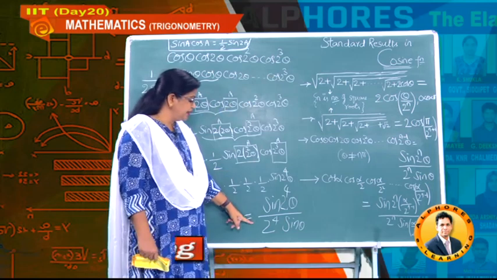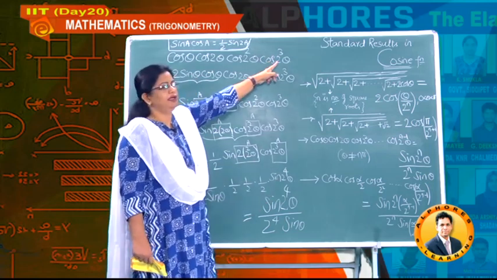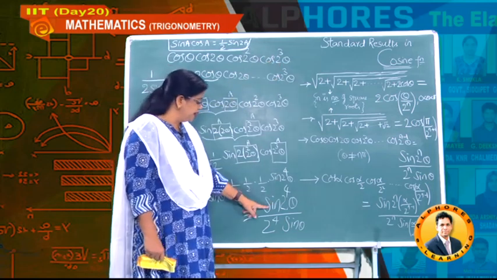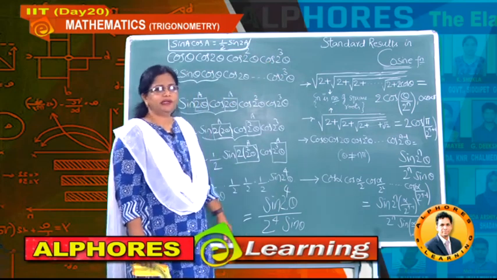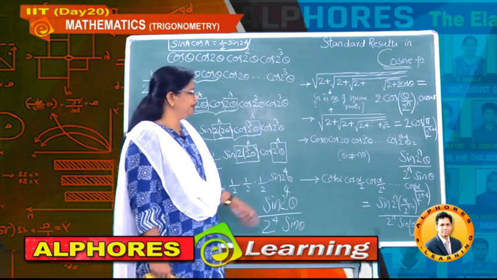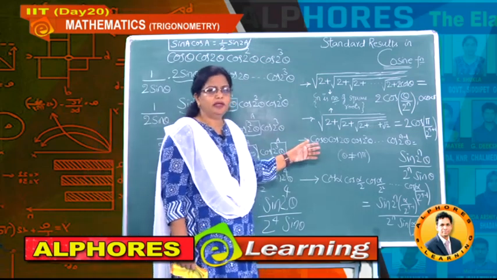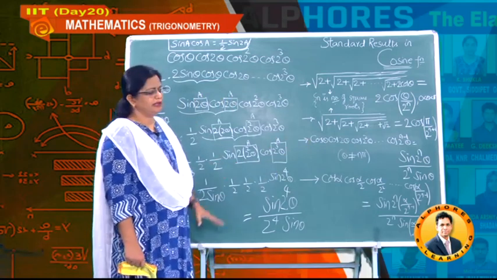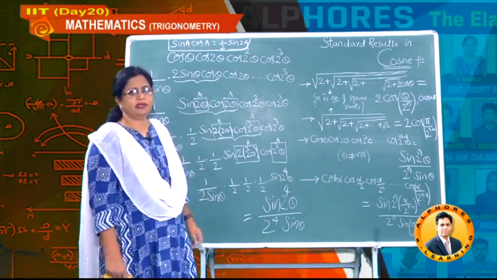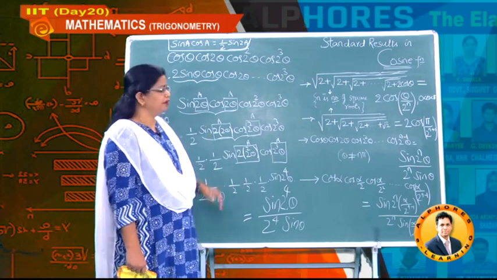So you got the answer as sin 2 power 4 theta divided by 2 power 4 into sin theta. Now the same thing, if you generalize, you can get this kind of answer. So this is one of the standard problems, students, a very important result one has to remember, no doubt in that.